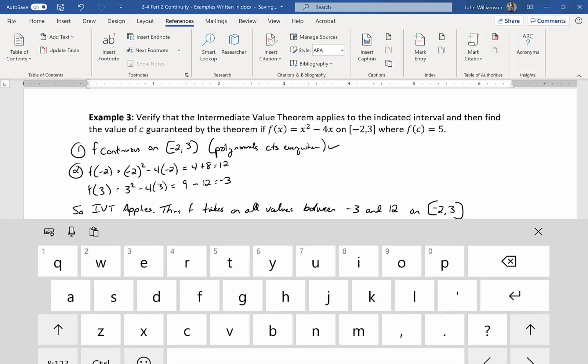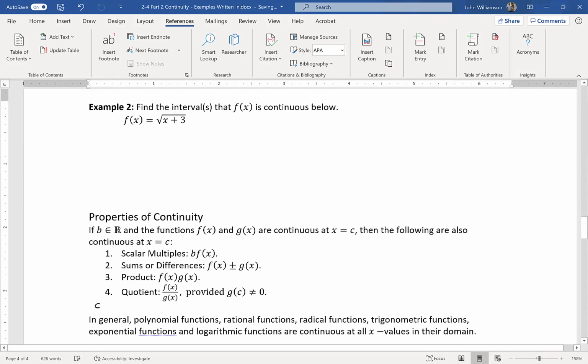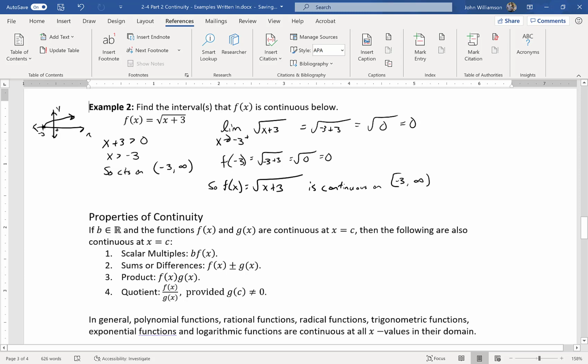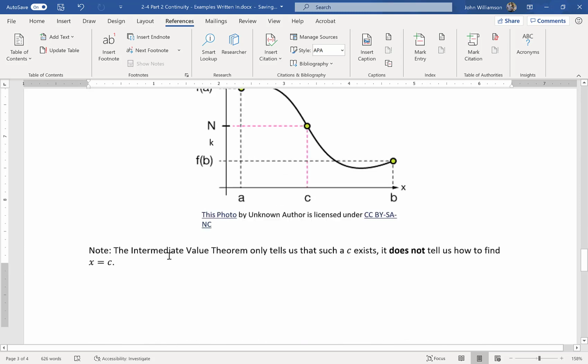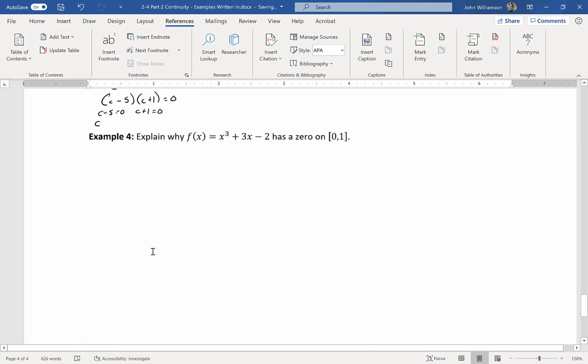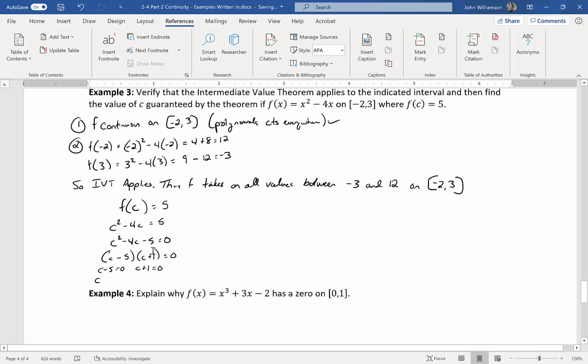And then that means that, in this case, c equals 5, c equals -1. So we have two different c values here where f of c would equal 5.